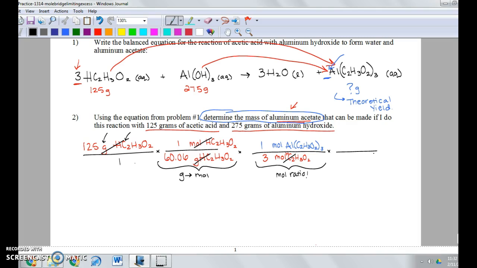At the end, you're always going to be multiplying by the molar mass because this mole comes down to the bottom here. Moles of Al(C2H3O2)3. And to convert to grams, we want to multiply by that molar mass. And look, grams divided by moles. This is where your molar mass is going to go.